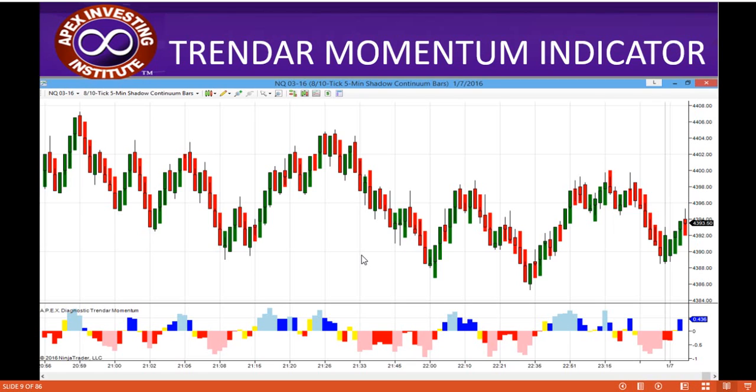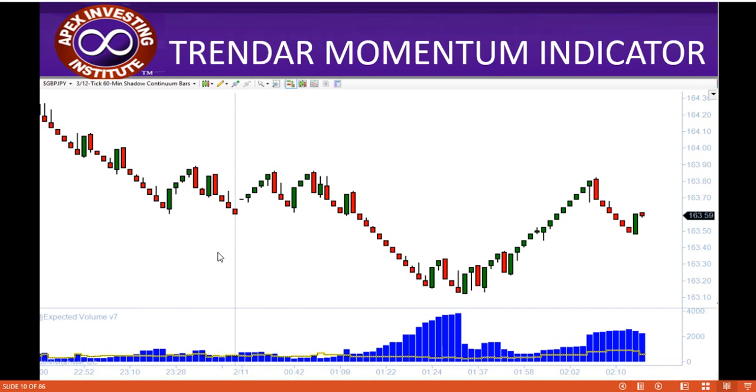When it comes to the entry rules in the next video, we may have a red bar, but if the Trendar is above zero, that can override that and be okay for a long trade, even though this may be an opposing color. That'll make a little more sense in a moment. But it's simple: is it below the flat line or above the flat line, and that's it.